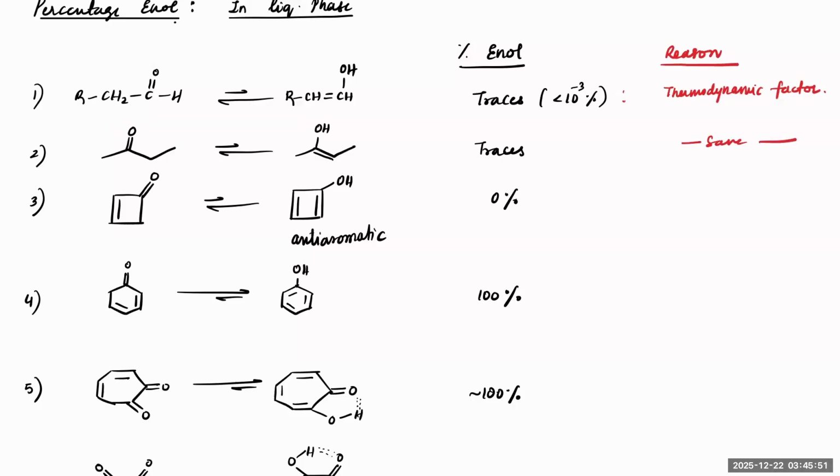Third one, again, it will mainly exist on the ketone side. Hardly will you see enol content, because of anti-aromaticity in the enol form.